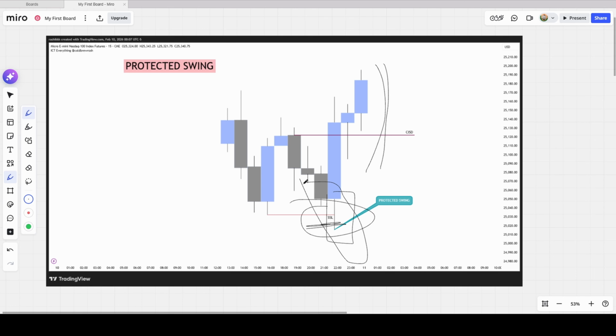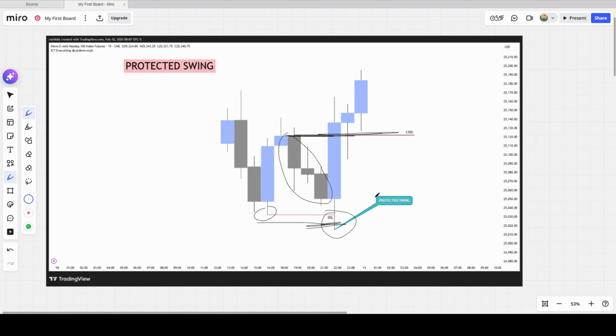Now the question is, how do we actually define a protected high or a protected low? There are two main ways this can happen. The first type is based on a liquidity sweep. If we are bullish, what I want to see is a short-term low get run, or swept. After that sweep happens, I look for price to close above the series of down-closed candles that created that low.